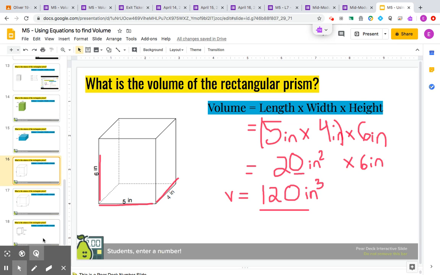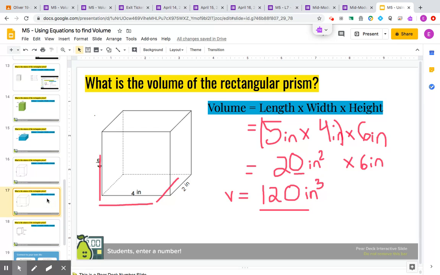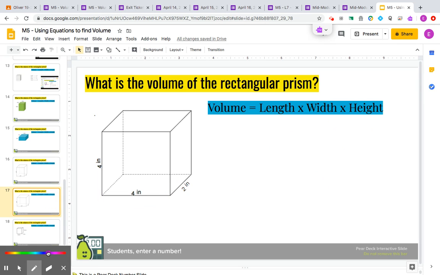Okay, 5th grade, we got 2 more to look at. I think this is starting to make more sense. Again, length times width times height. So I have 4 inches in the front, multiplied by 2 inches deep, multiplied by 4 inches tall.